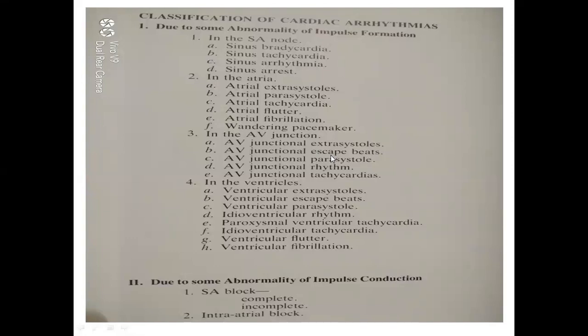How do you know that is an escape beat? On the ECG, there will be only one or two extra beats, not coming at a regular interval. The first one will be at a regular interval. Can you differentiate it? Anyone? What is the difference between extrasystole and escape beat?